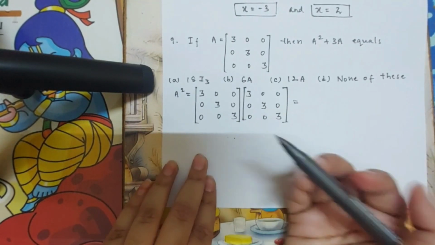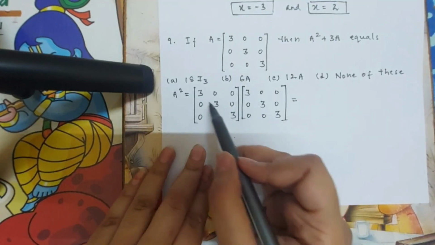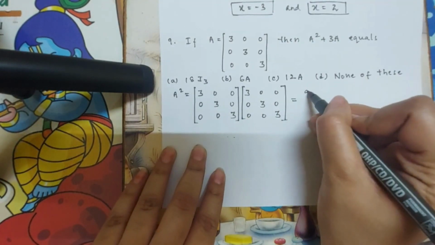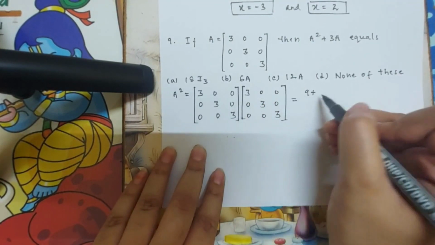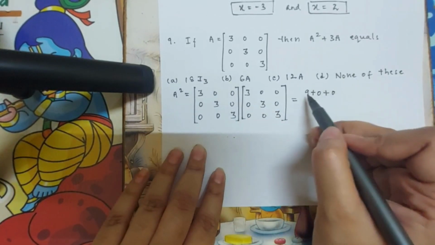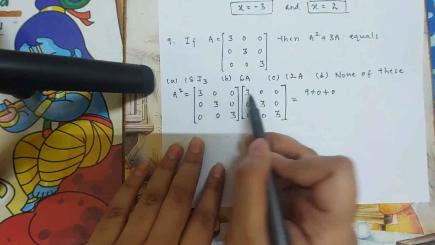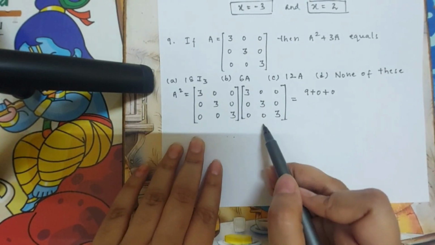So for multiplying, first I'll be considering the first row and the first column. So what do we get? 3 threes are 9, 0 into 0 plus 0 into 0. Now this becomes our first term. Now for the second term, I'll be considering the first row multiplied with the second column.